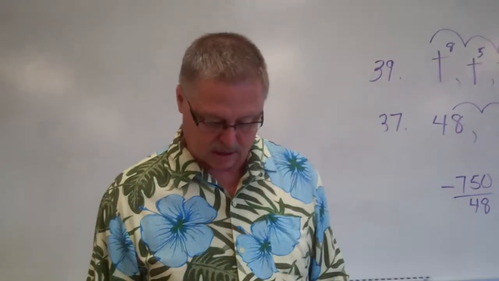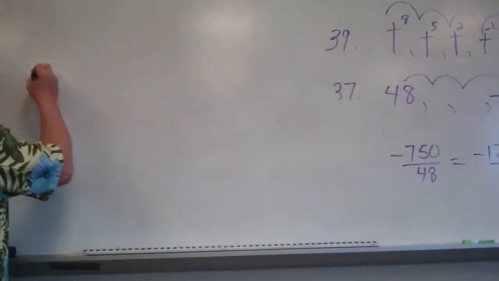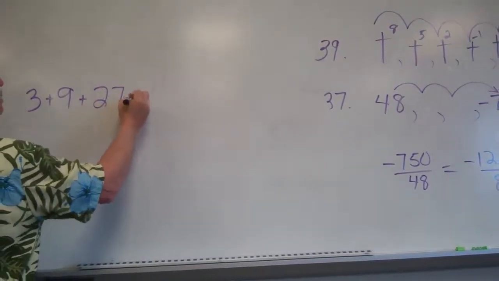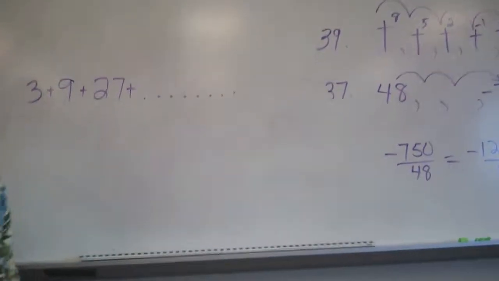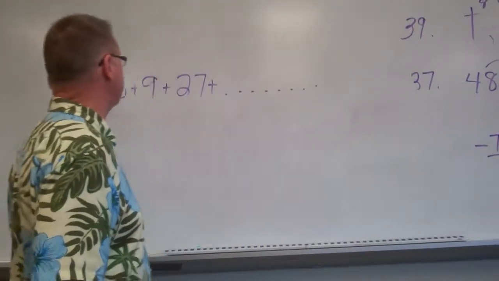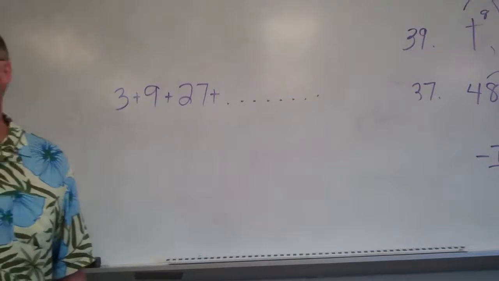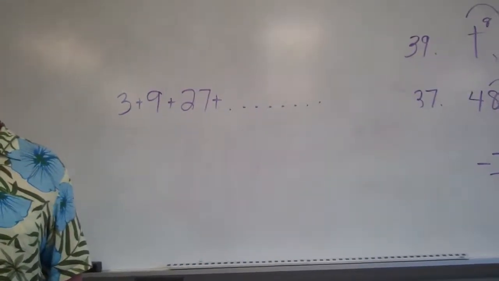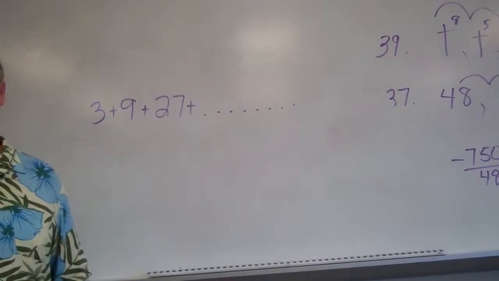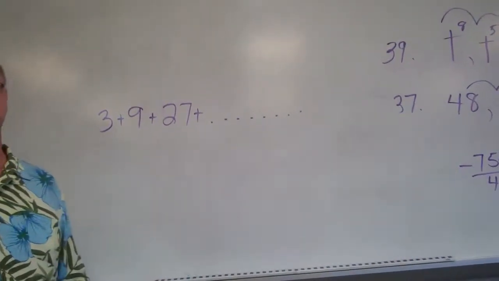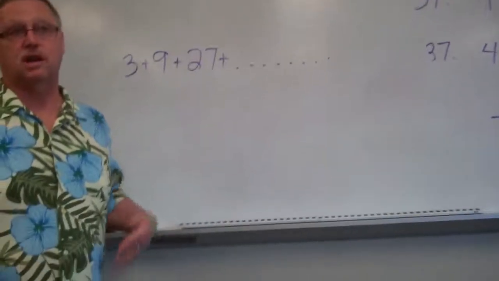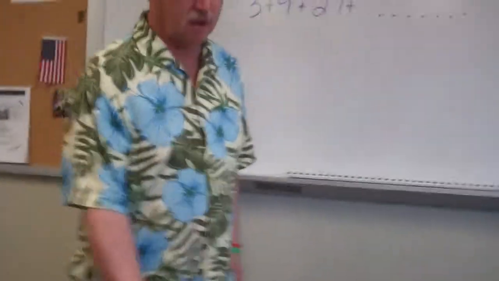3 plus 9 plus 27. For this, we have to add up the first 6, and they only tell us the first 3. So we've got to figure out the next 3 and add them up. Notice they call that a geometric series instead of a geometric sequence. If you add them up, it's a series. If you're just trying to list them out, it's a sequence.